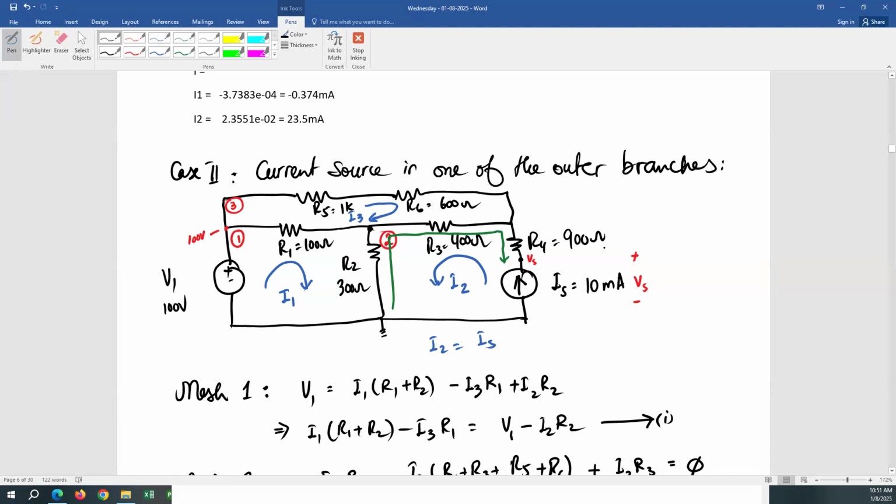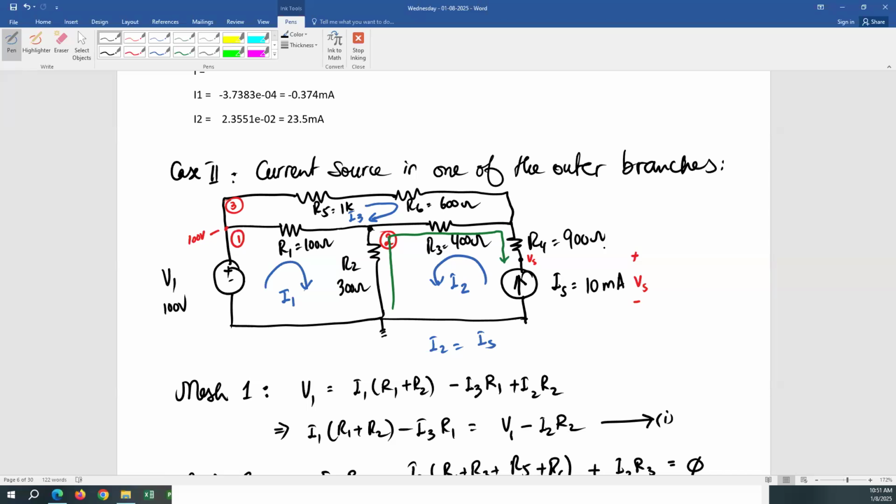So again, I'm going from the top node right here, and I'm moving to this node. And the current in R4 is going from bottom to top, right? So the voltage that will be dropped in R4 when the current passes through it will result in a lower voltage at this node. So I'm going from a point that has a lower voltage to a point that has a higher voltage. So I'm gaining voltage.